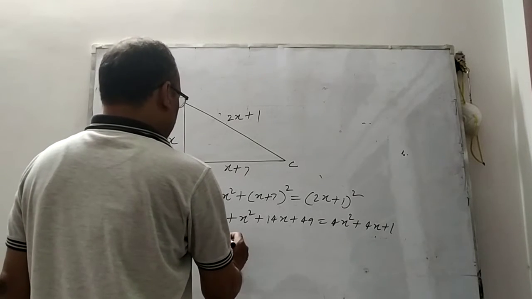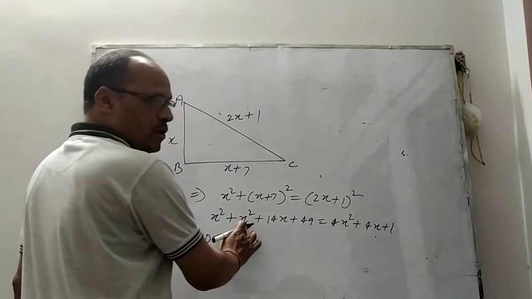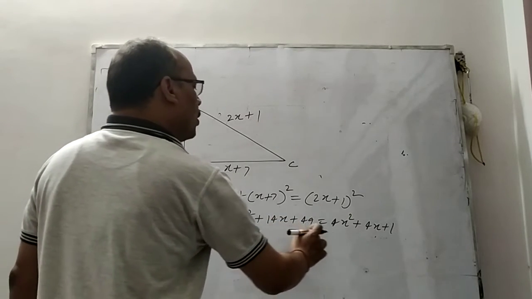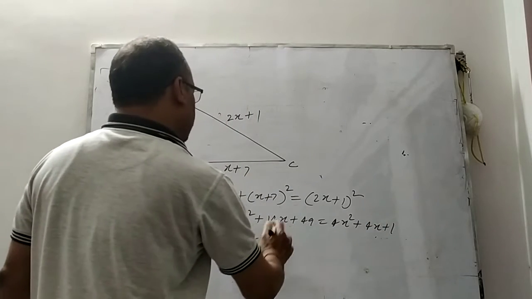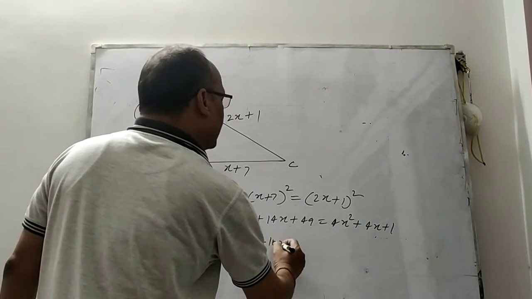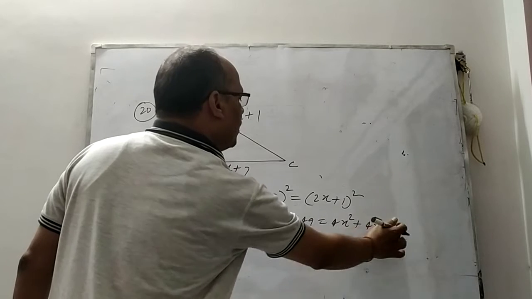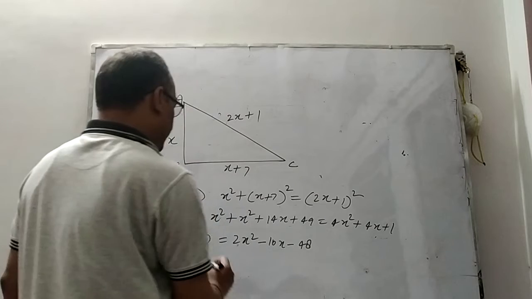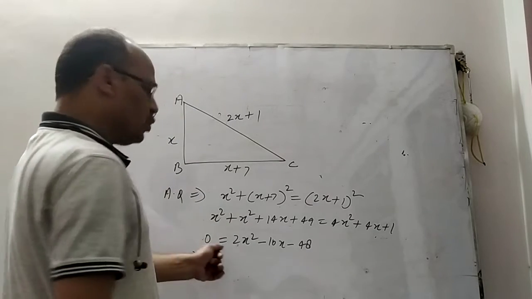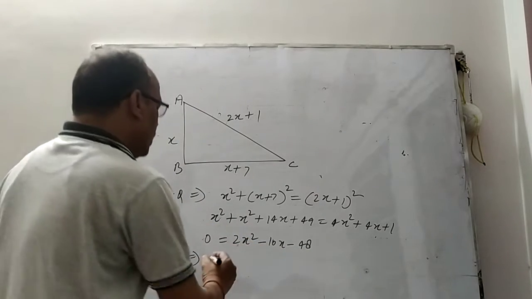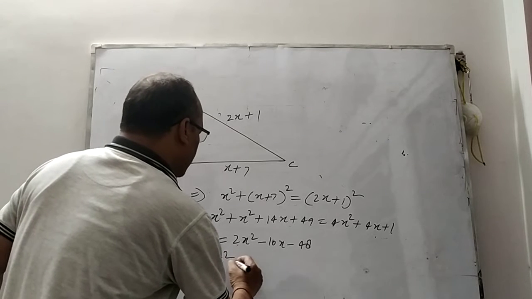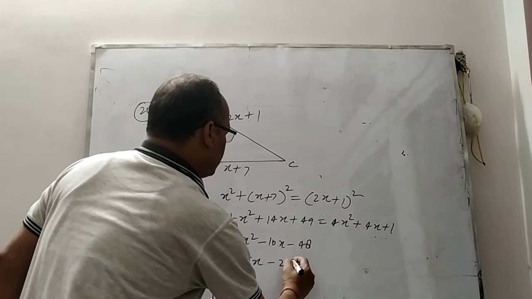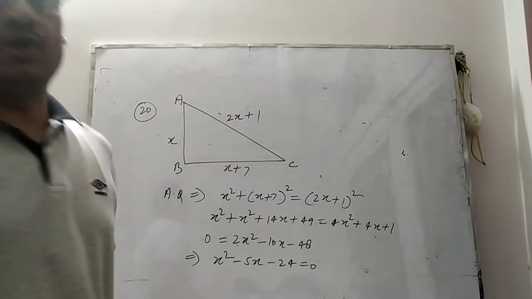So 4x square minus x square is 3x square minus... then 4x minus 14x is minus 10x, and 1 minus 49 is minus 48. Then you simplify, both sides divided by 2, then you can get x square minus 5x minus 24 equal to 0.